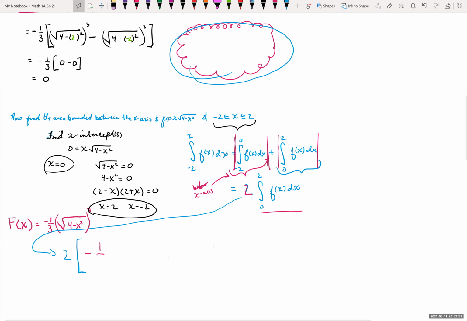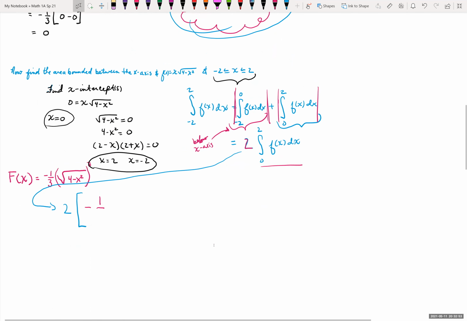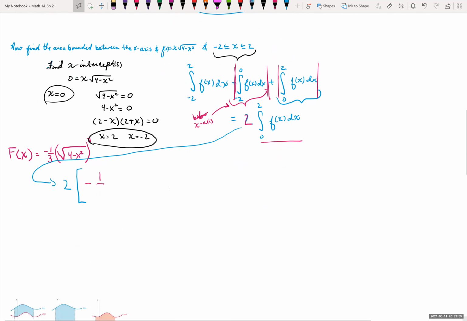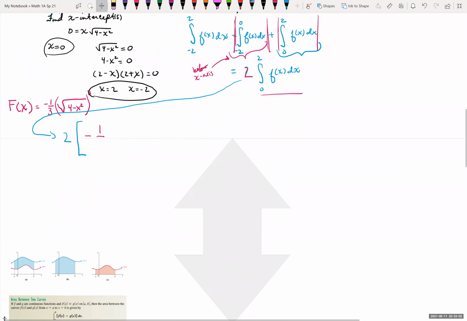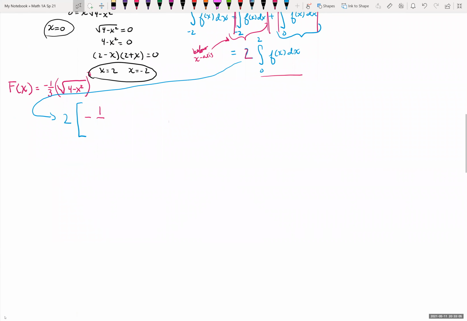And so we're just going to evaluate this integral at our bounds from 0 to 2. And so let's go back in and plug in 2.